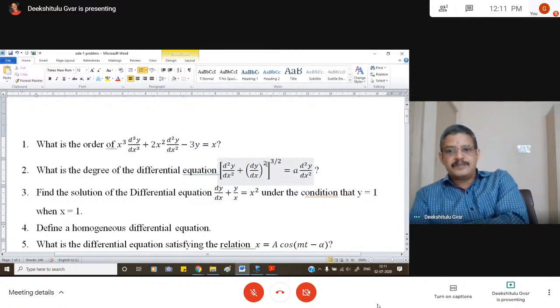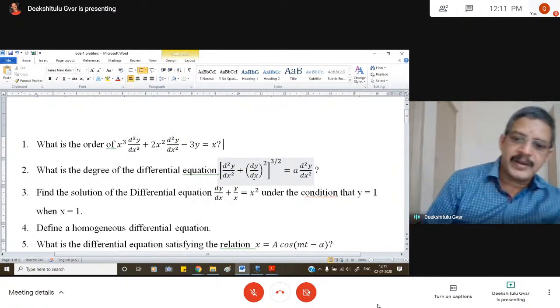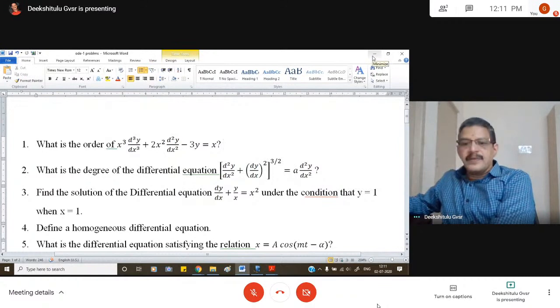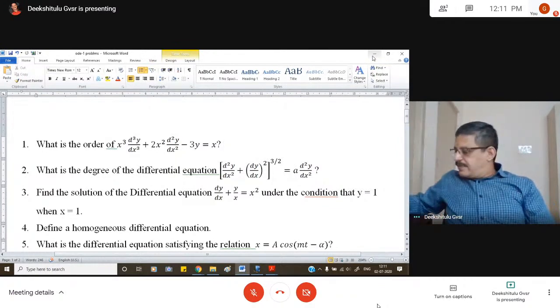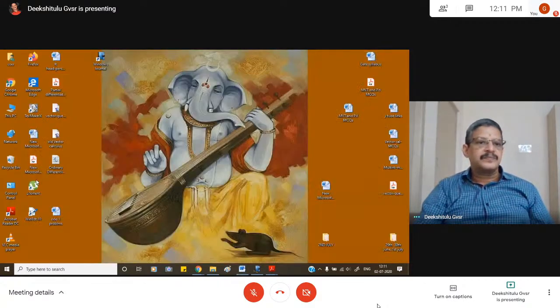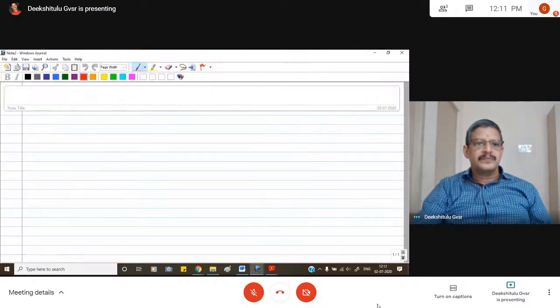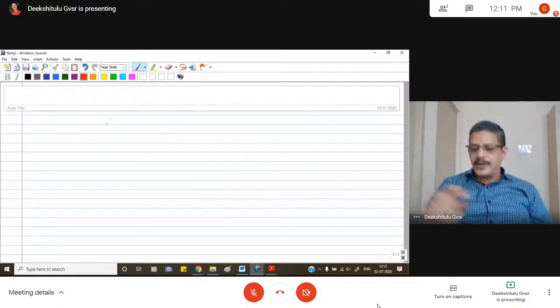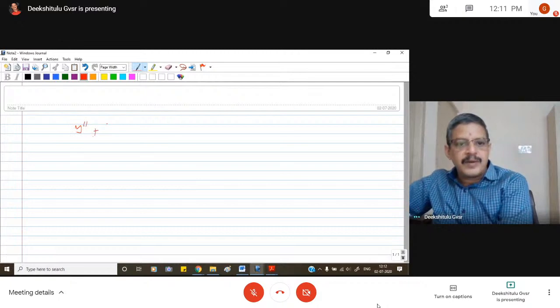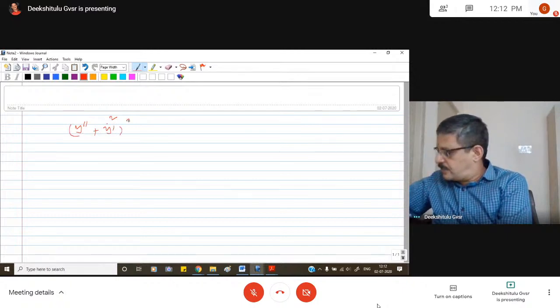So square on both sides. This equation becomes y double dash plus y dash to the power 3 by 2 is equal to a into y double dash.